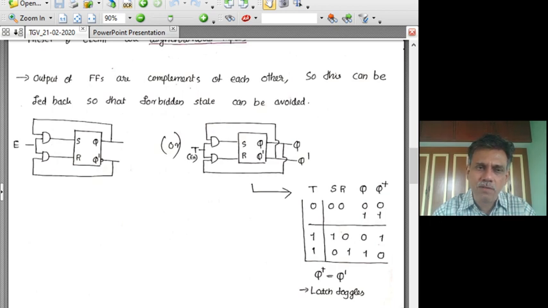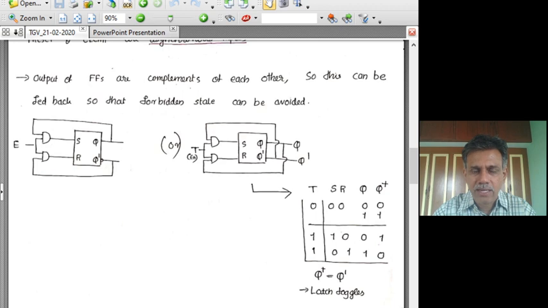Now let us see what happens when T is made equal to 1. If T is made equal to 1, then the gates are opened. The T signal enables the feedback signals to propagate and reach the S and R inputs of the SR latch. So Q will come and be given as the input to R, and Q bar will come and be given as the input to S. Let's work out what will be the effect of this.